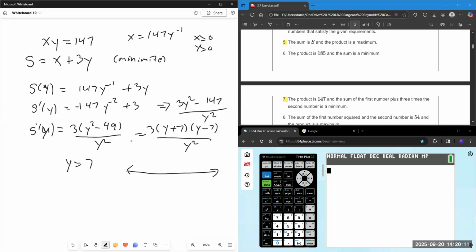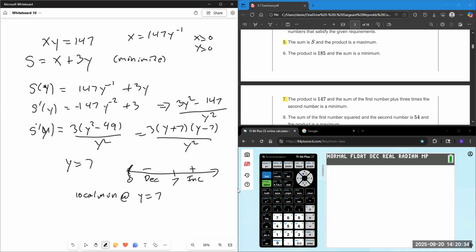Using my first derivative test here, starting at 0, let's put 1 in: positive, positive, negative over positive, that's negative and decreasing. And a number bigger than 7: positive, positive, positive, positive is positive and increasing. So there's a local min at y equals 7.